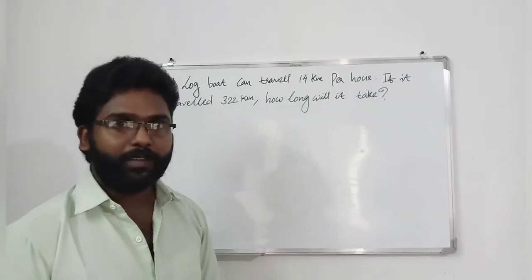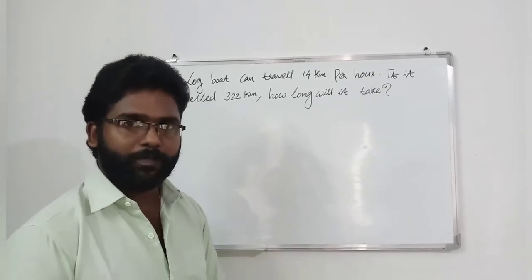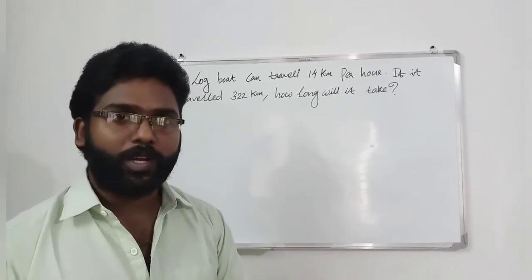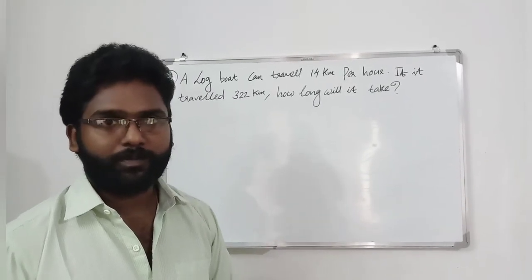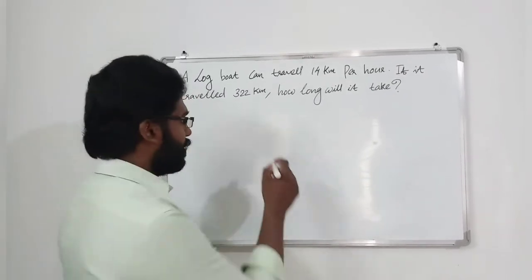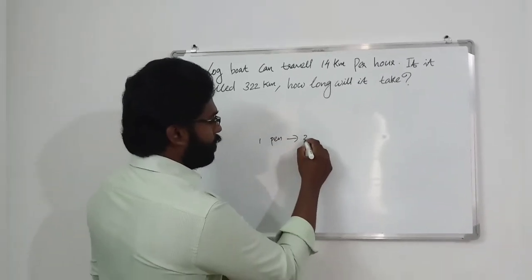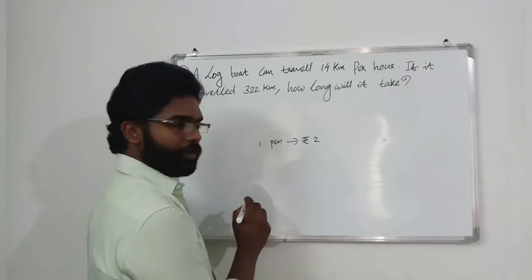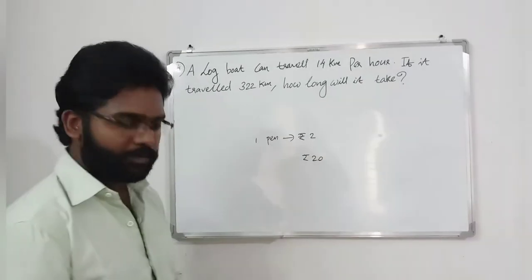On simple meaning, if a pen has 2 rupees, if you give 20 rupees to the shopkeeper, how many pens do you have? 1 pen, 2 rupees. Okay, 20 rupees given.